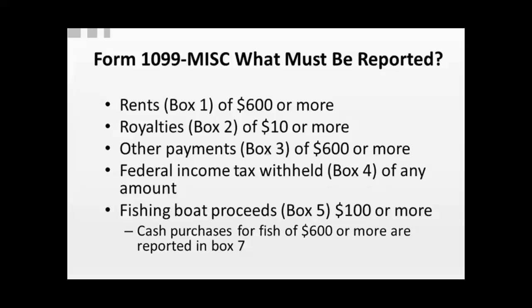If it's $100 or more, it goes in that box 5. Cash purchases for fish of $600 or more are going to be reported in box 7. And that's where a restaurant, say, is buying directly from the fishing operation or the fisherman, buying the catch from them.